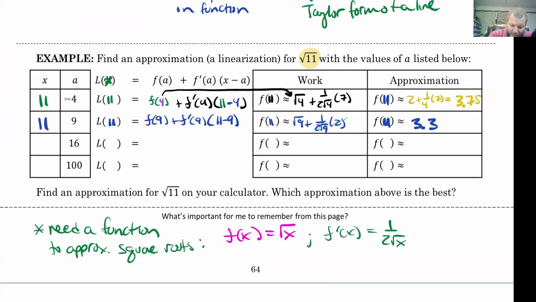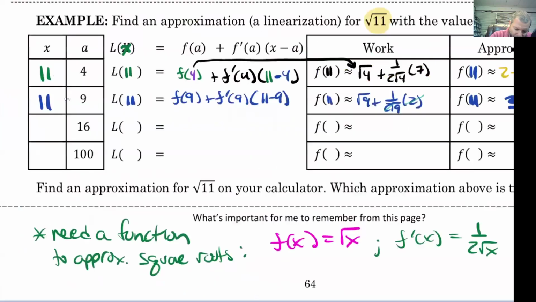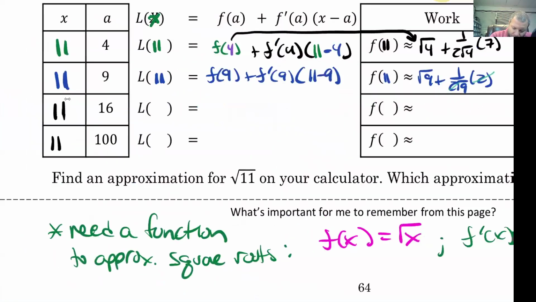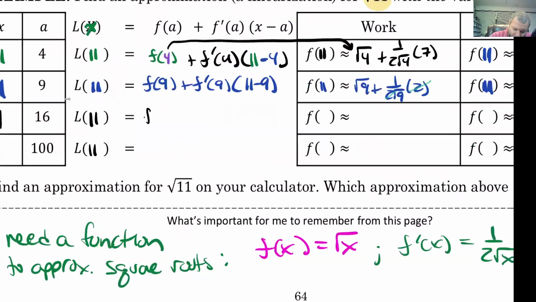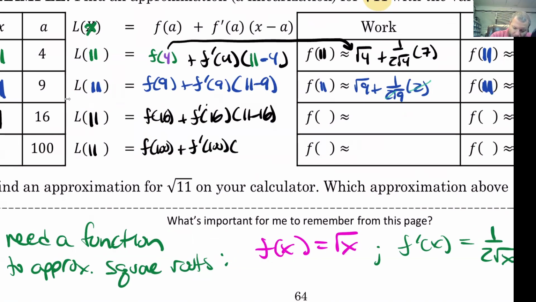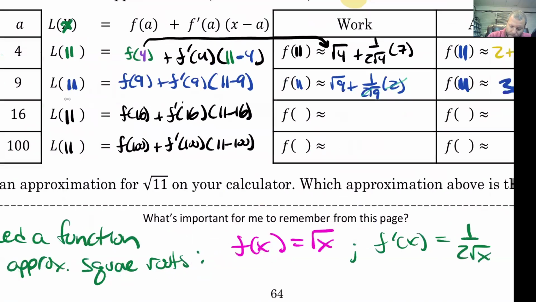So I'll bang out these last two quickly, right? So 11 in both of these. Our linearization of 11 is going to equal, in this one, the square root of 16 plus f prime of 16 times 11 minus 16. This bottom one is going to be f of 100, f prime of 100, 11 minus 100.